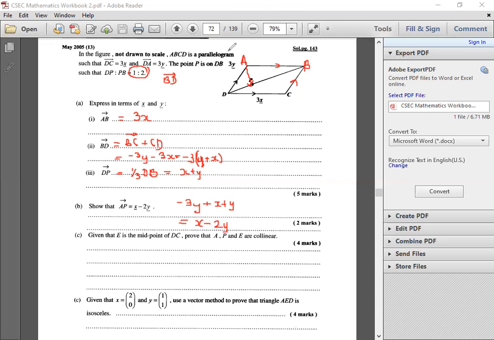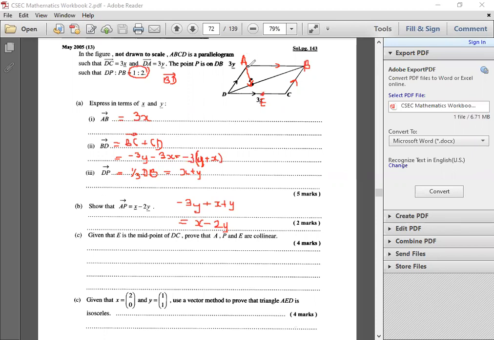All right. Now you're saying, given that E is the midpoint of DC, so right here, for argument's sake, is DC, is E. Show that A, P, and E are collinear.